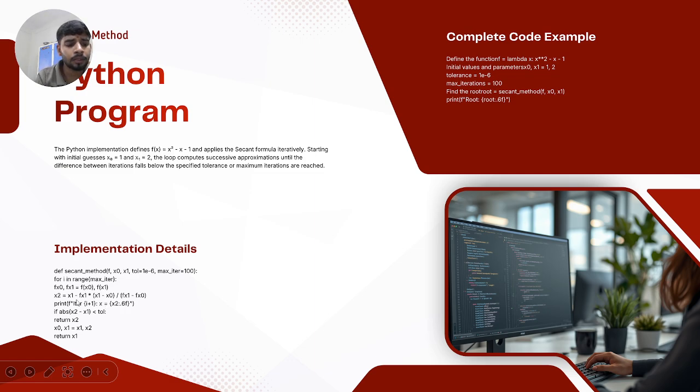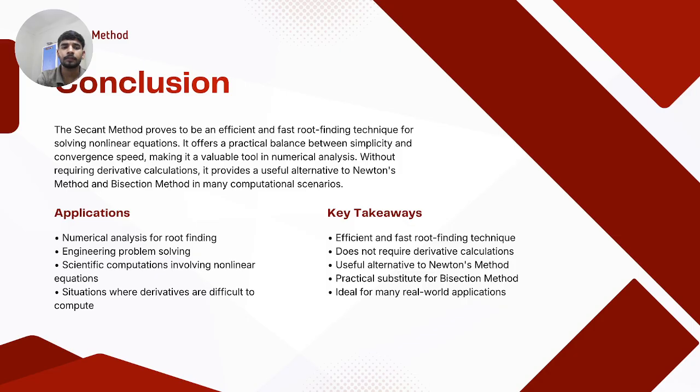Here x2 is calculated using the secant formula, and iteration information is printed. If the absolute value of x2 minus x1 is less than the tolerance, then we return x2, otherwise we update the values, x0 and x1 to x1 and x2, and return x1.